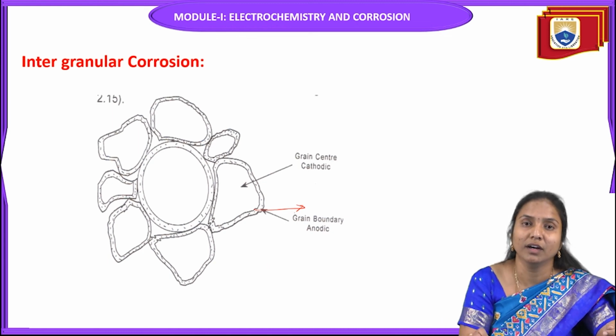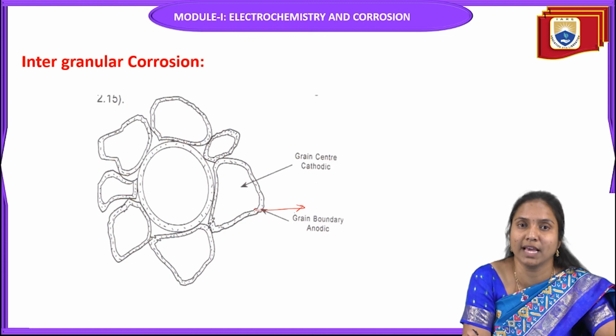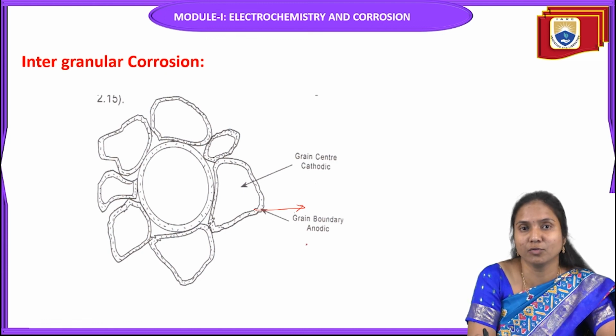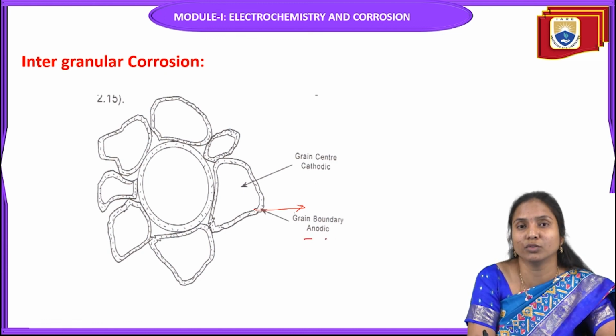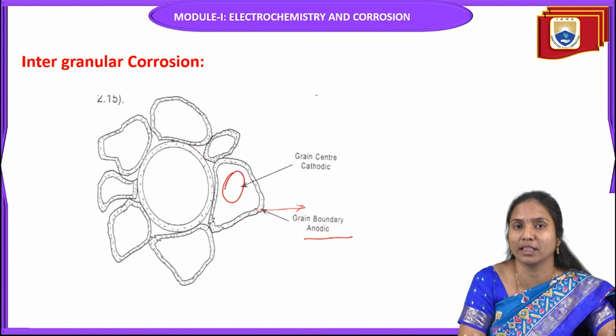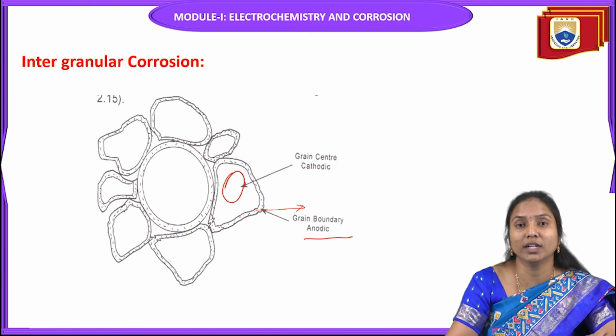When it interacts with atmospheric gases, atmospheric oxygen, or any other acidic environment, it is very sensitive, meaning it easily undergoes corrosion. That part acts as anode and the in-between part acts as cathode, which does not undergo corrosion and is to be protected.